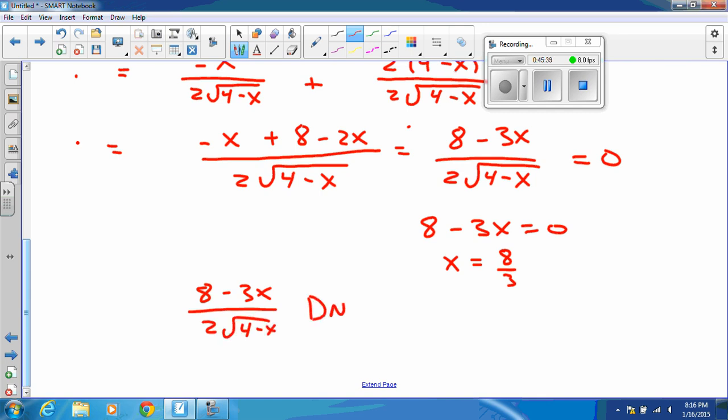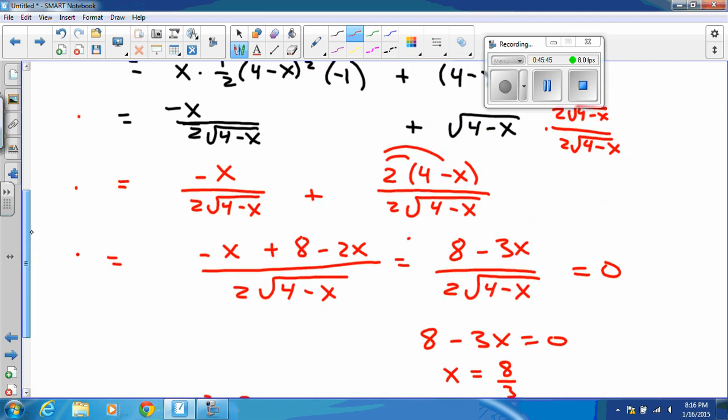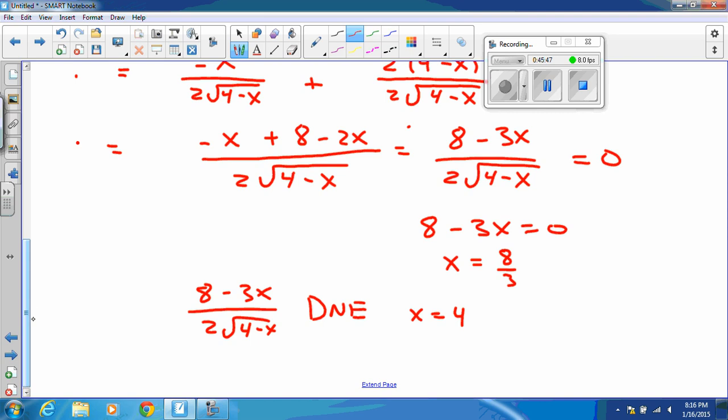Now, to find critical points, we set our derivative equal to 0, and we also consider places where the derivative does not exist. When we set the derivative equal to 0, this means that the numerator must be 0, or x is equal to 8 over 3 is our critical point. Also, we observe that our derivative does not exist when x is equal to 4.